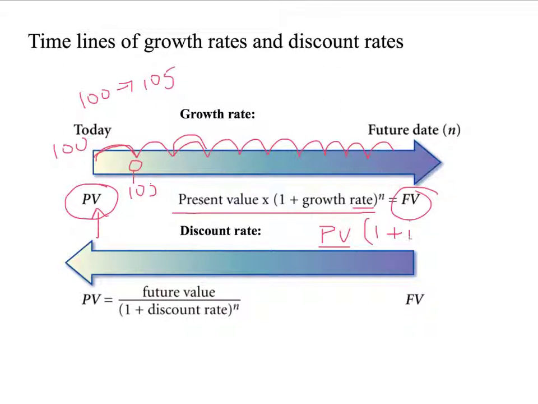Let's say it is 5%. 5% would mean 0.05, and then I'll raise this to the number of years, and let's say this will be 20. Okay, so that's the relationship between the future value and the present value. If I know the present value, the N, and the R, I can figure out the future value.